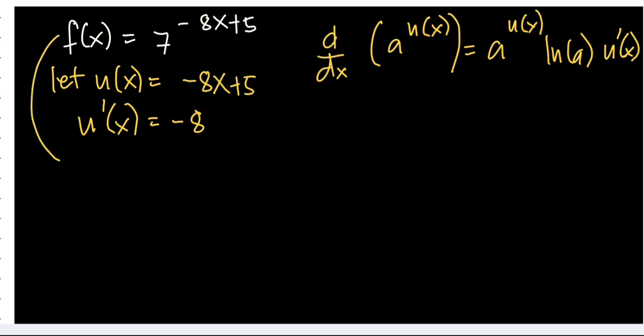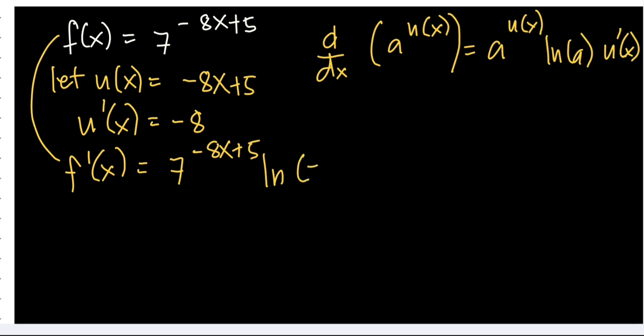Therefore, derivative of f of x is just 7 to the negative 8x plus 5 ln of 7, then times derivative of negative 8x plus 5, so that is negative 8.